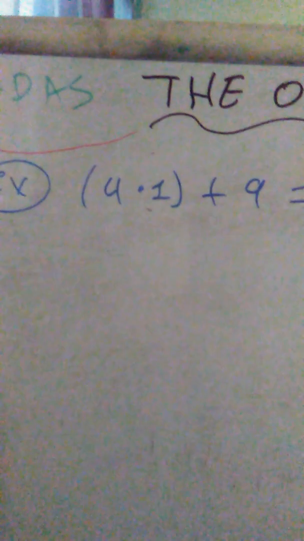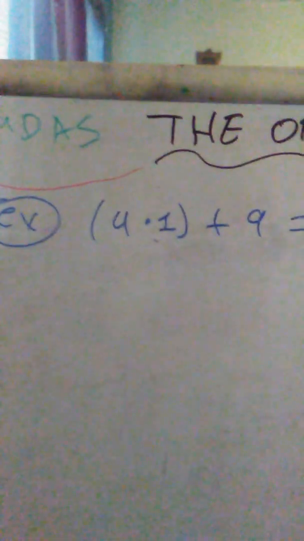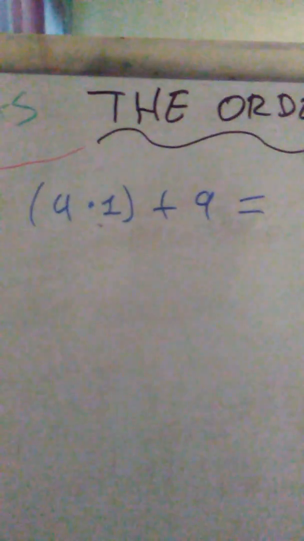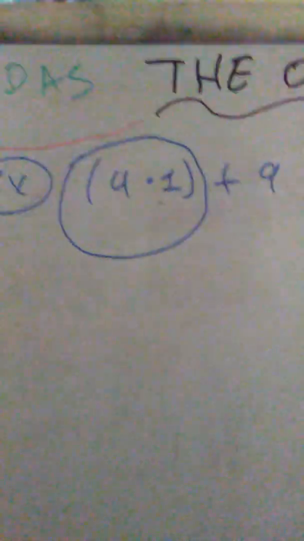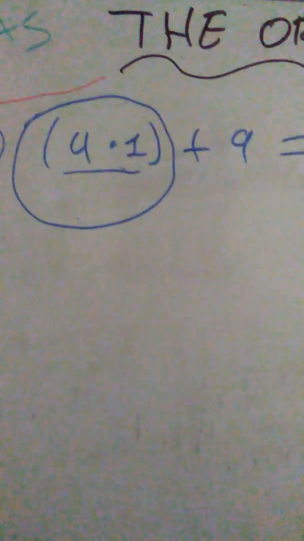So when we look at the problem, we ask, do we see any parentheses or grouping symbols? And we do, right? This whole area is parentheses. Is there anything inside the parentheses? Yes, it's the multiplication of two integers, 4 and 1. 4 multiplied by 1.